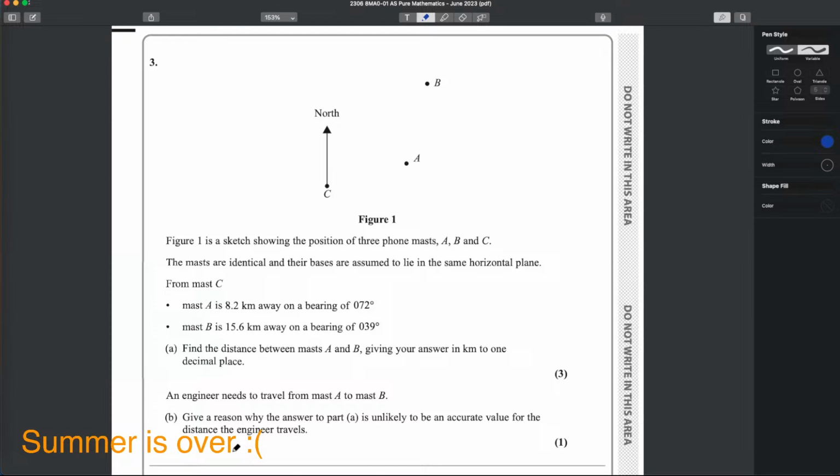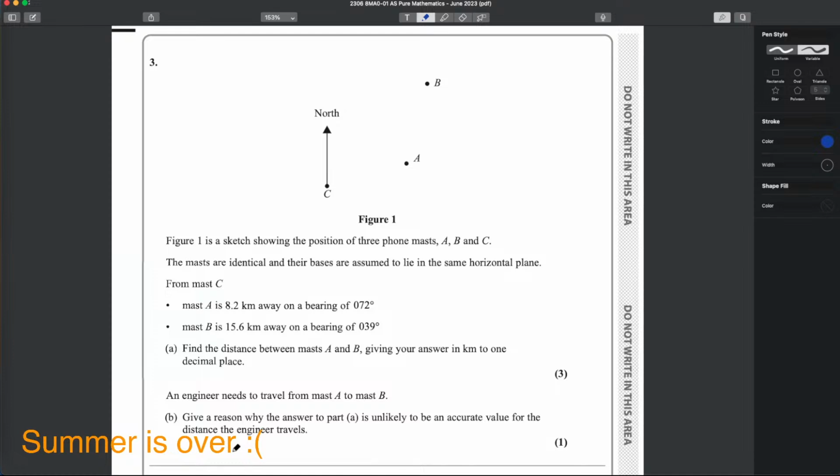Question 3. Looks like we're going to have some bearings here. Figure 1 is a sketch showing the position of 3 phone masts, A, B, and C. Phone masts, like those things that you get reception from your phone with, right? The masts are identical and the bases are assumed to lie in the same horizontal plane.